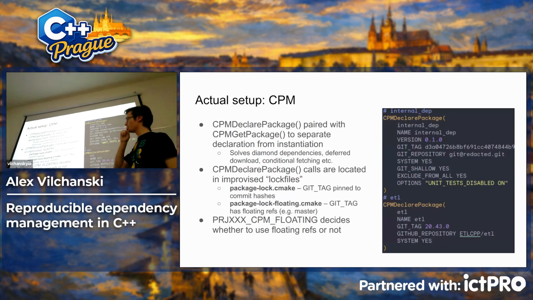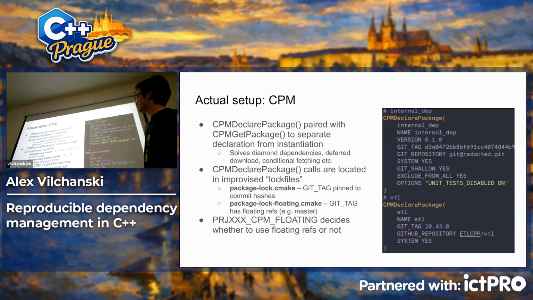Additionally, in your CMake logic, there is a variable like PROJECT_CPM_FLOATING that should decide whether to use the fixed version of the lock file or the floating refs version of the lock file.